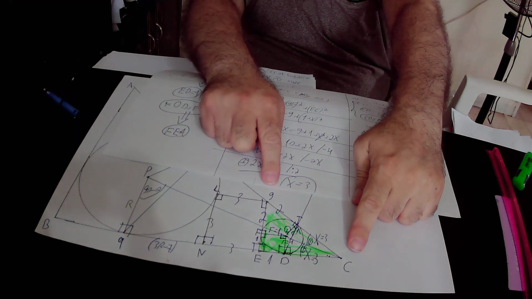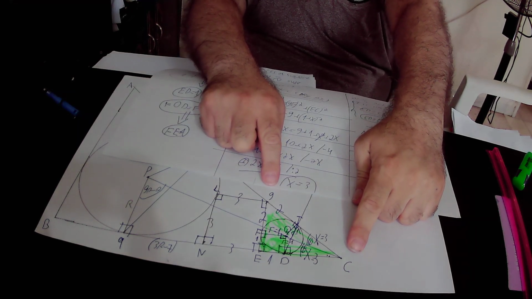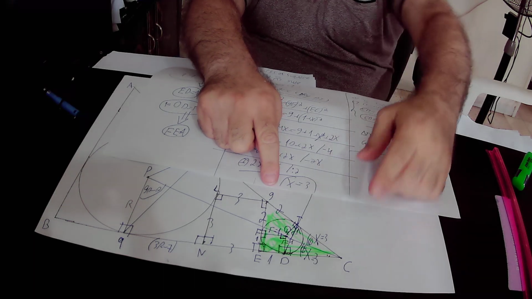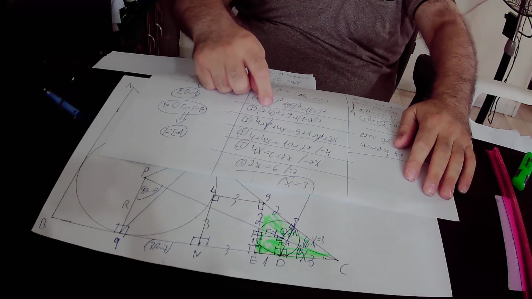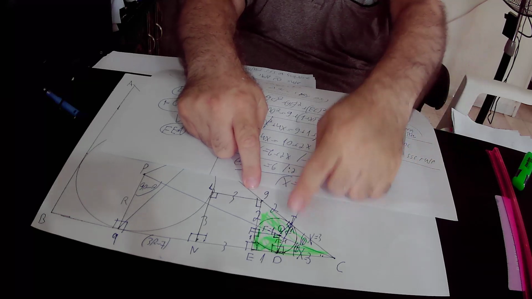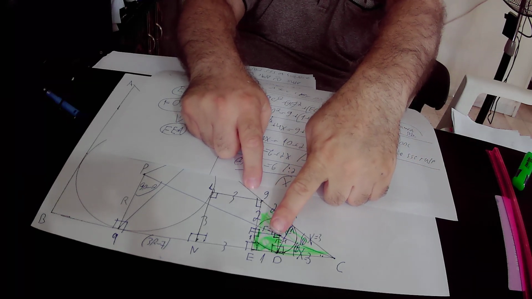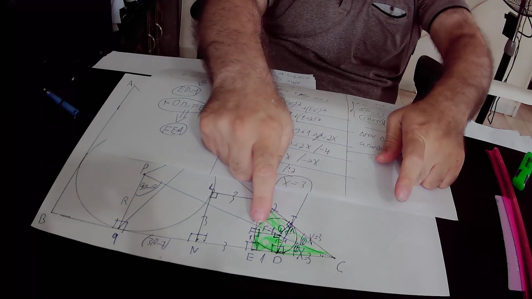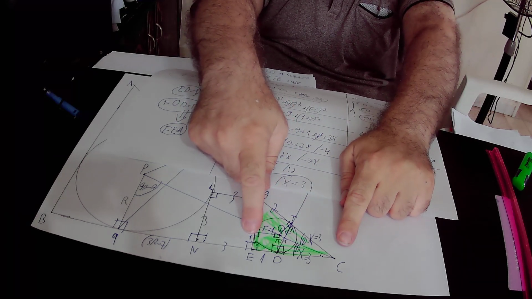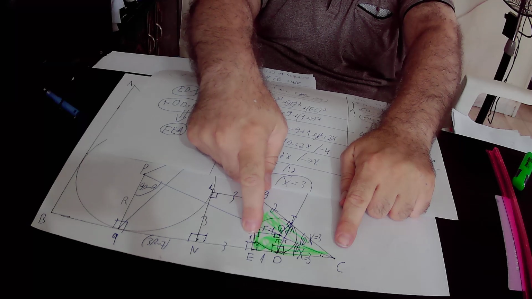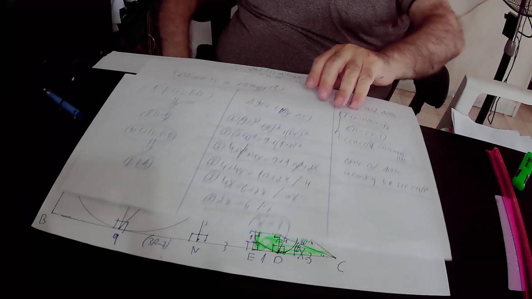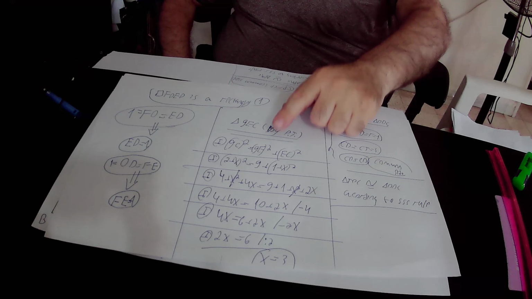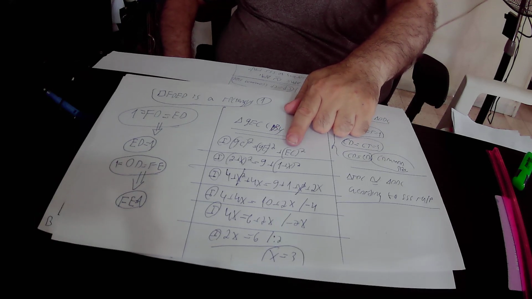It is very easy to see that GC equals 2 plus X. Therefore, GC square is (2 plus X) square. And it is equal to GE square. GE equals 2 plus 1, that is 3. Therefore, GE square is 3 square, that is 9, plus EC square. EC equals X plus 1. Therefore, EC square equals (X plus 1) square. So, in total, we found that (2 plus X) square equals 9 plus (1 plus X) square.